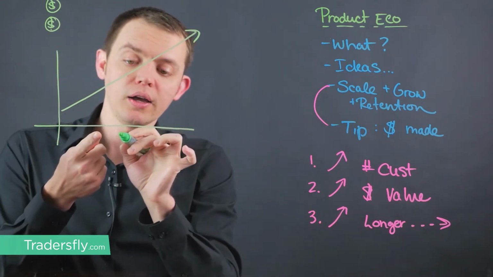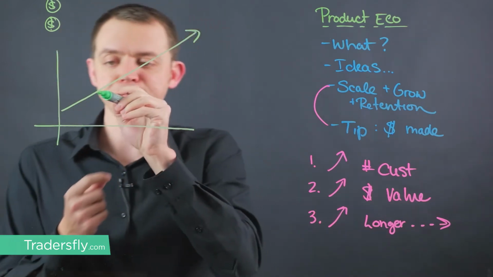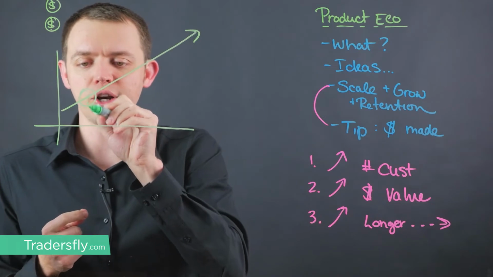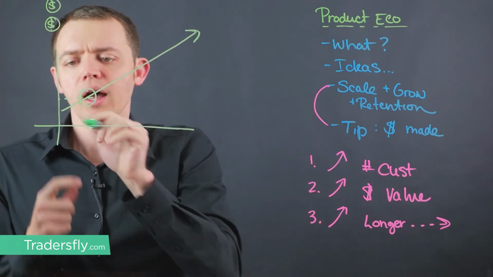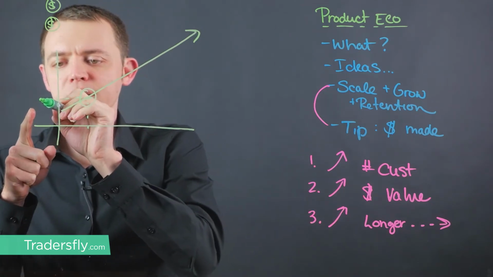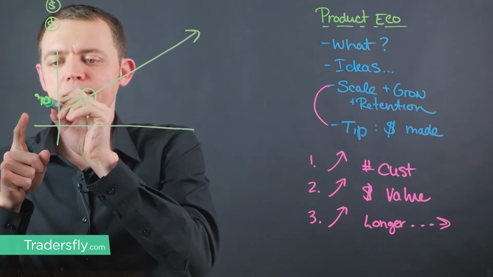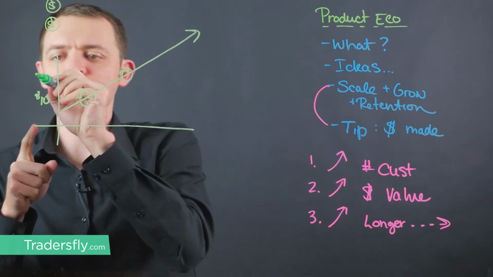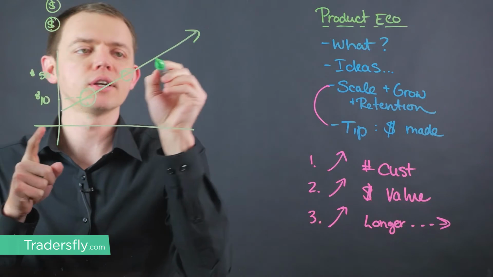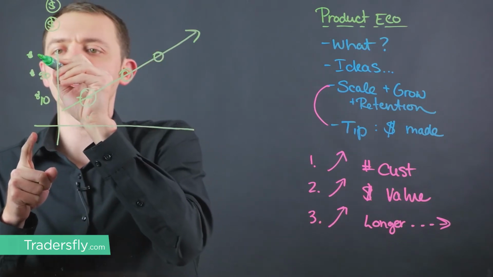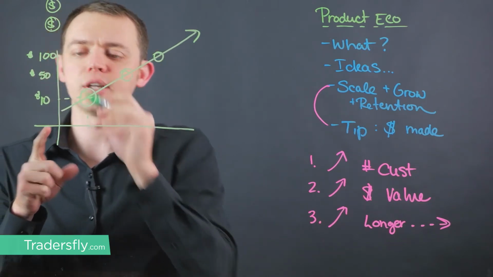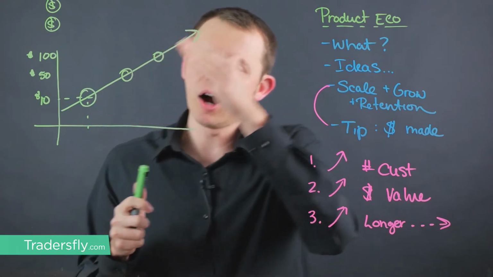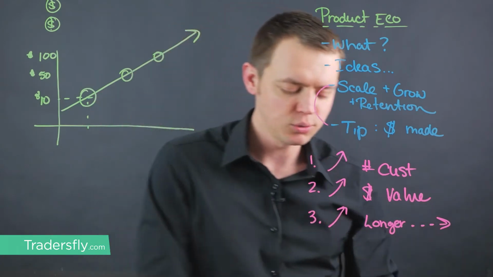So if you look at these different products, you have maybe one product over here that could be a $10 product, another product over here could be a $50 product, another product could be a $100 product. So you're always trying to ramp up these products to a higher level.